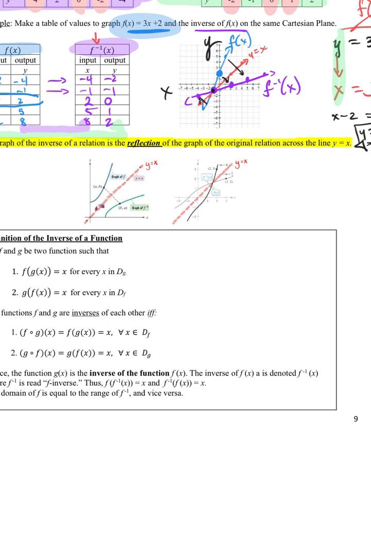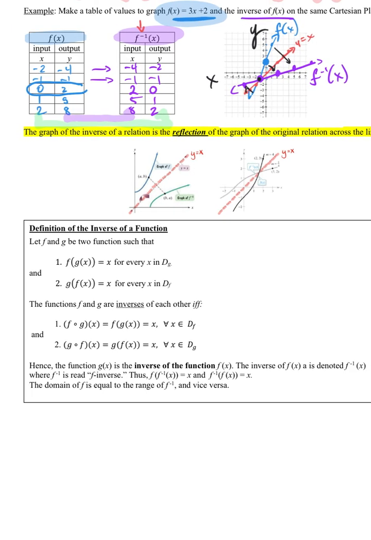Well, guess what? If I give you two functions, let's say I give you function f and function g, and I say they're inverses of each other, right? f is the inverse of g, g is the inverse of f. I could literally find the equation and say, yeah, there it is, but that's not verifying it. Right?